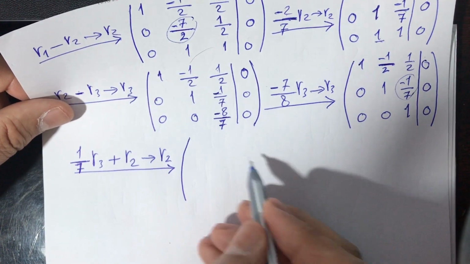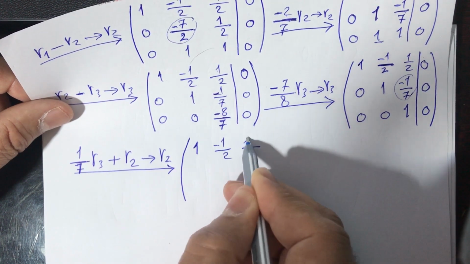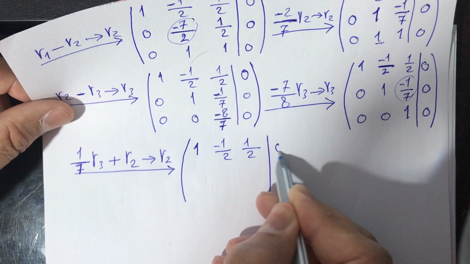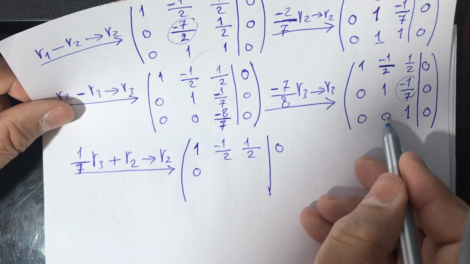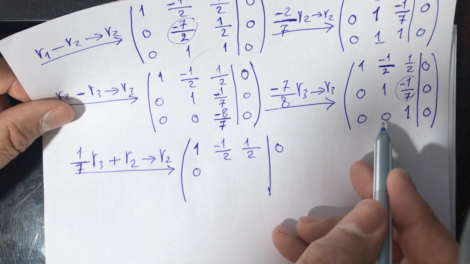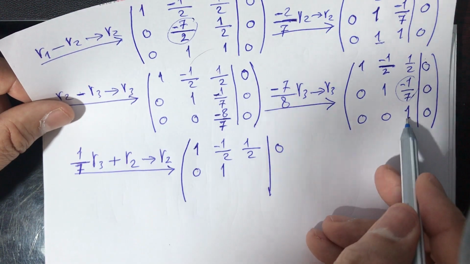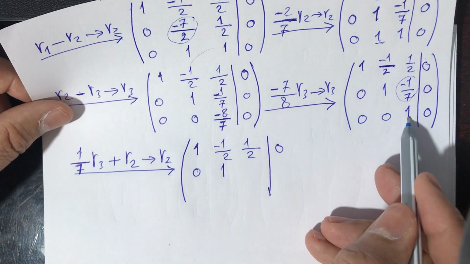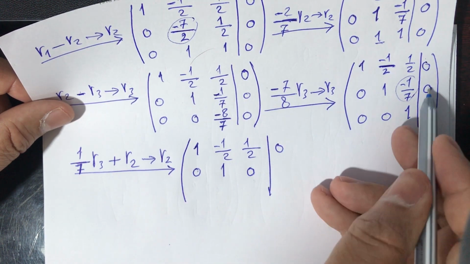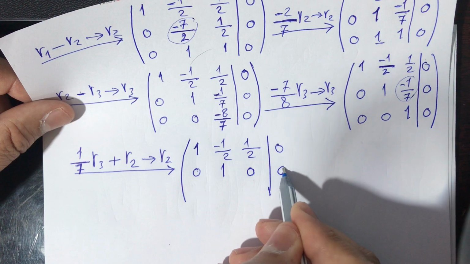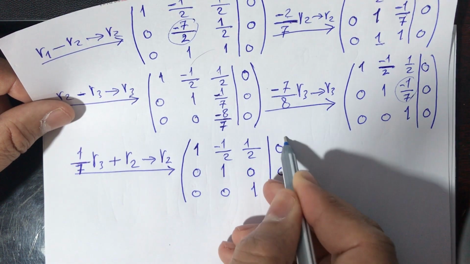Now we get this: 1, minus half, half, 0; and here 0 plus 0 is 0; 0 plus 1 is 1, and 1 over 7 times 1 is 1 over 7, minus 1 over 7 is 0, and 0 plus 0 is 0; and the same, 0, 0, 1, 0.